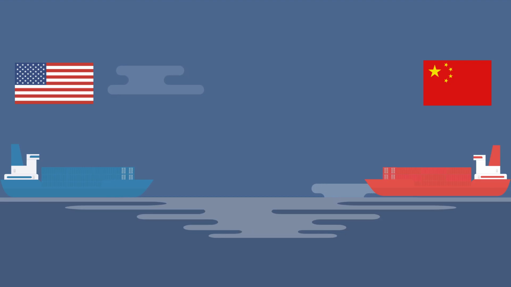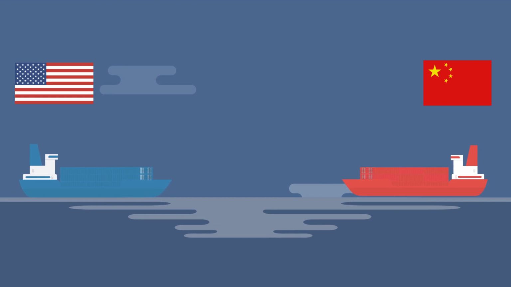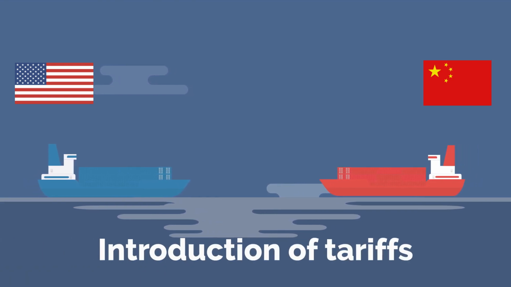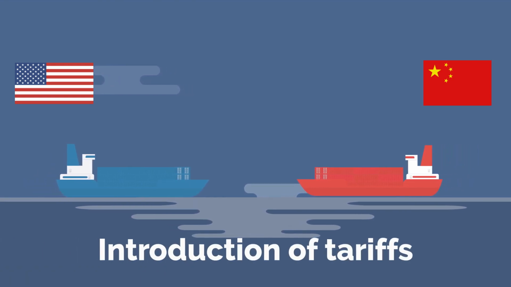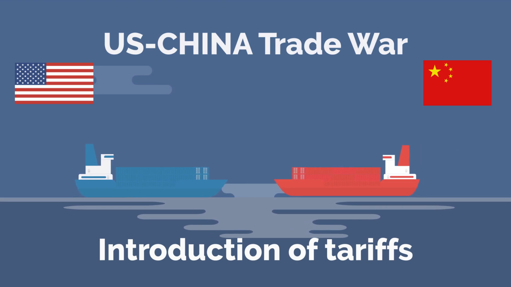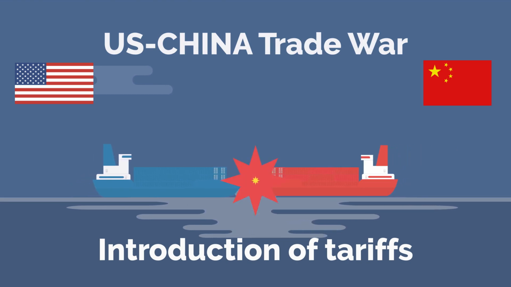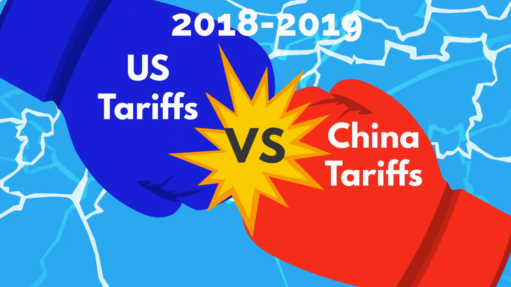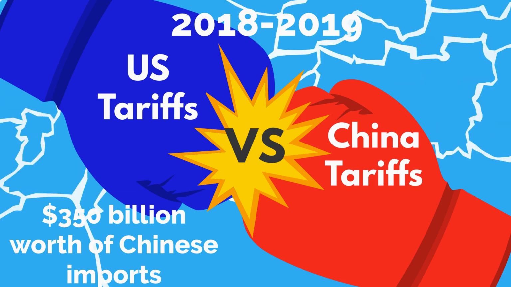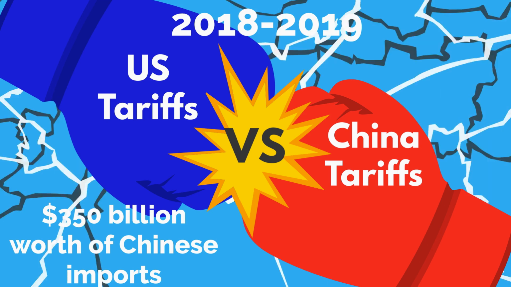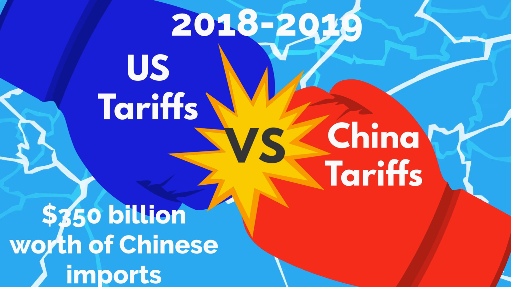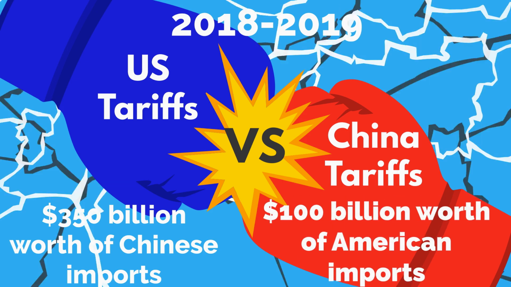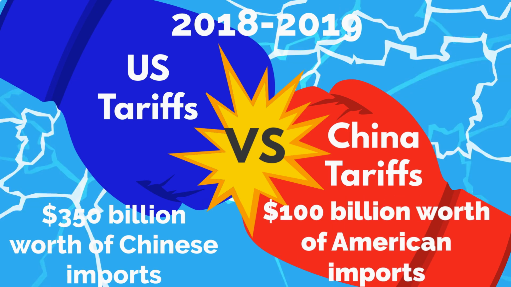In an effort to reduce the trade deficit, Trump implemented a series of tariffs on Chinese goods. These tariffs led to a trade war between the two countries, with both sides imposing tariffs on each other's products. Between 2018 and 2019, the US imposed tariffs on approximately $350 billion worth of Chinese imports, while China responded with retaliatory tariffs on an additional $100 billion worth of imports.